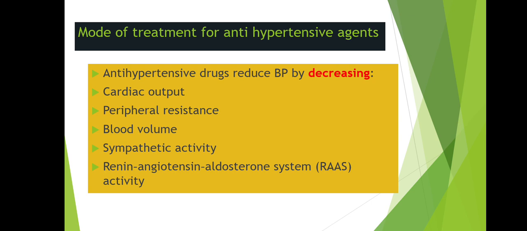Antihypertensive drugs reduce BP by decreasing what? We decrease the cardiac output. Because if we decrease the cardiac output, then the systemic vascular resistance is going to be lowered as well. Why? Because if blood is few, the walls of the blood vessel can accommodate it, so there's not going to be a lot of pressure.